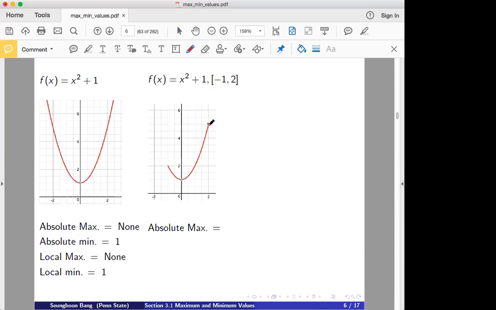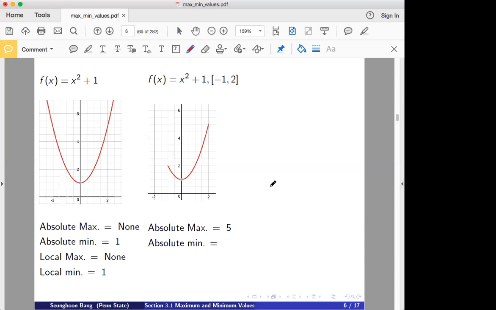Yes, highest point. So you cannot find absolute maximum, absolute minimum unless you include the endpoint. It's a 5. f of 2 is absolute maximum. We have it. Yep, include. Yeah, just no local. We have to exclude the endpoint for local.